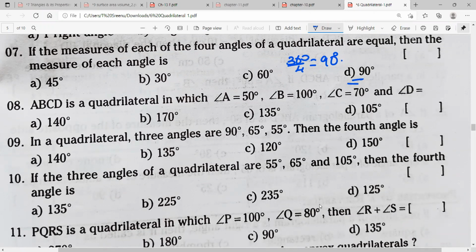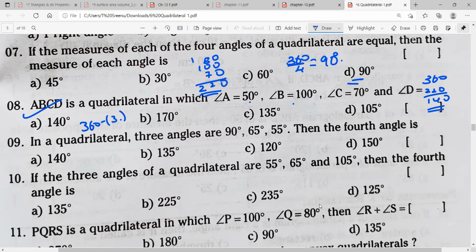ABCD is a quadrilateral in which angle A is equal to 50, angle B is equal to 100, angle C is equal to 70. Just add these 3 angles: 50, 100, 70. How much is it? 220. 360 minus 220, 140 you will get. Means 360 minus the sum of 3 angles.